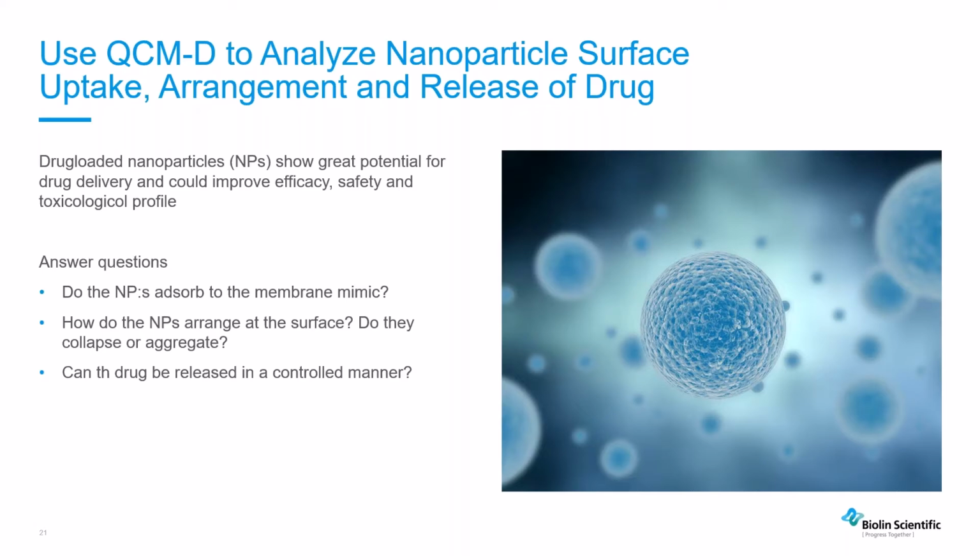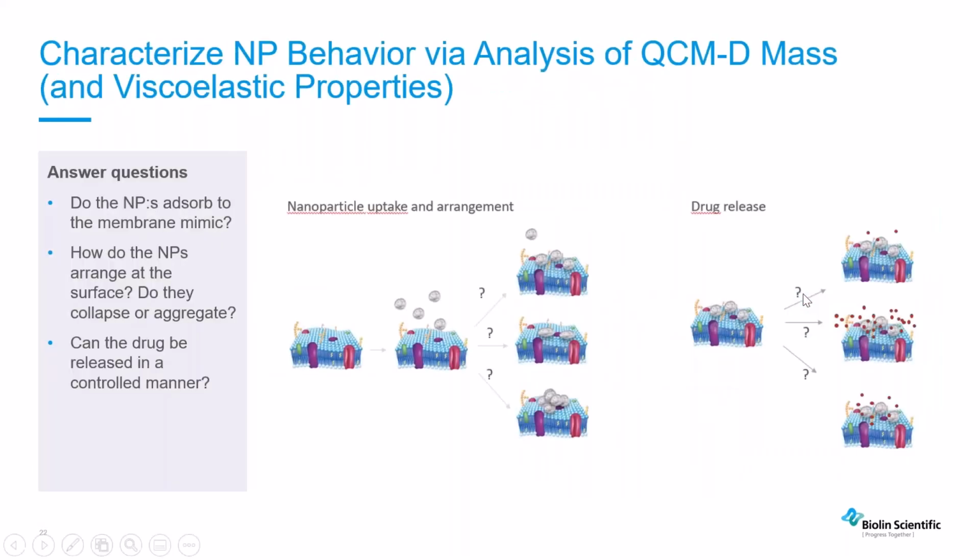Basically, if you can adsorb these nanoparticles to the cell membrane, we want to see how they arrange and if we can release the drug in a controlled manner as well. So here we have different scenarios that we would like to evaluate.